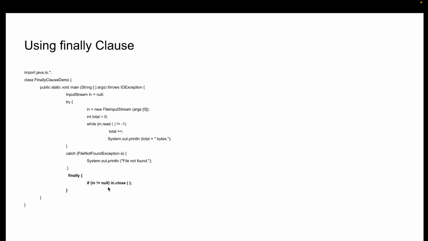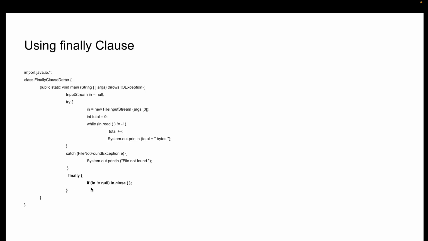And see, we are doing in.close, right? This is generally performed while we have any resource opening things. So we are performing an input output operation, something related to a file. This is opening some kind of stream and closing some kind of stream, so this will be performed in a finally block.